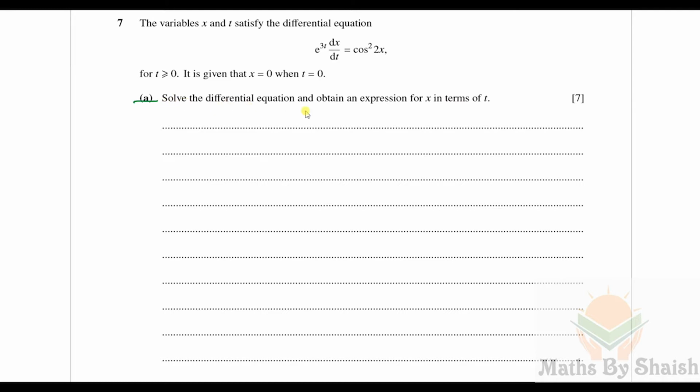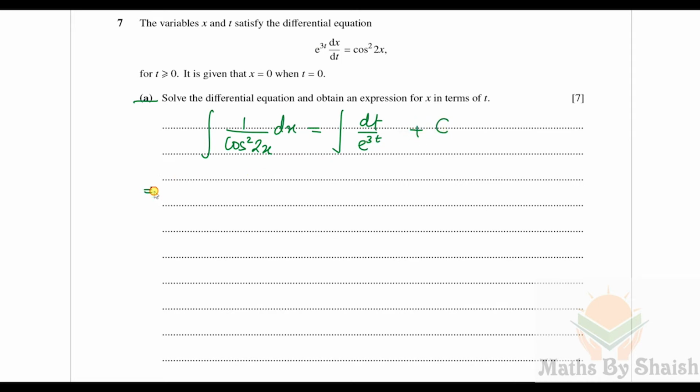So first task is to solve the differential equation, and we know we have t and x both, so we are going to use the variable separable method here. So we'll do the integration of, I'll take this cos square 2x to the left hand side, and it will become 1 upon cos square 2x dx, and e raised to the power 3t to the other side, and it becomes dt over e raised to the power 3t plus constant of integration.